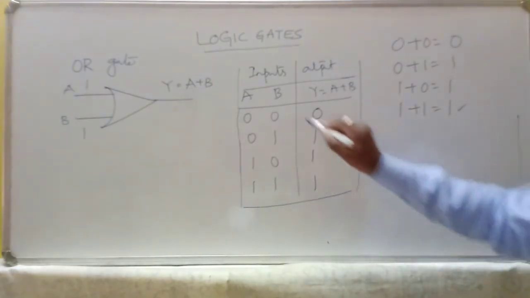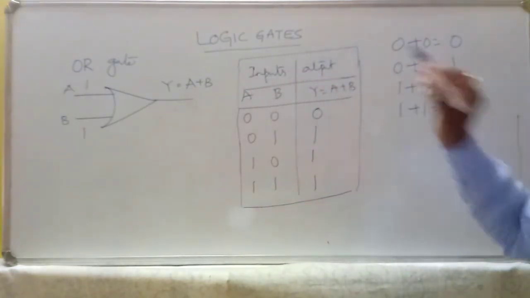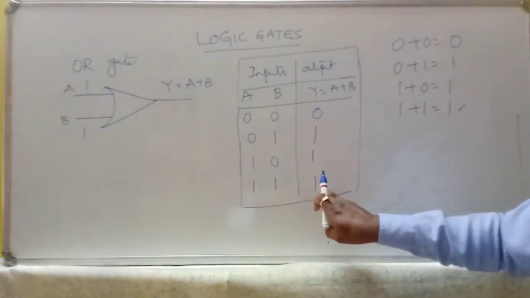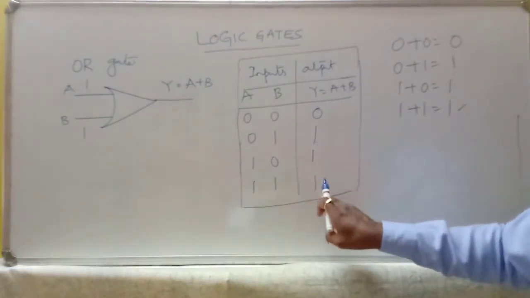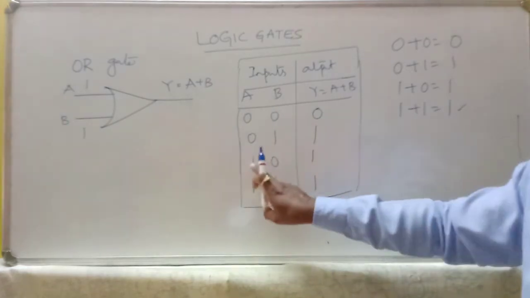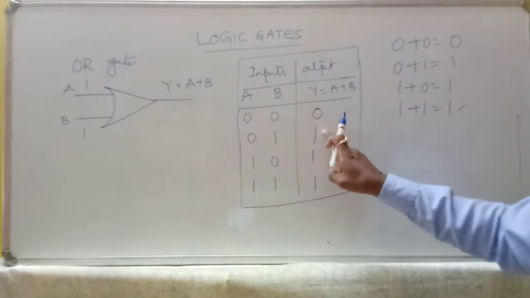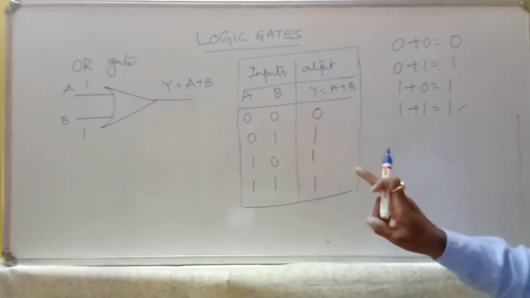While observing the behavior of this OR gate, if any one of the inputs is 1, automatically the output becomes 1.